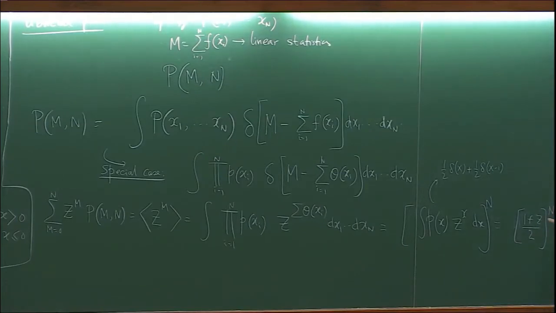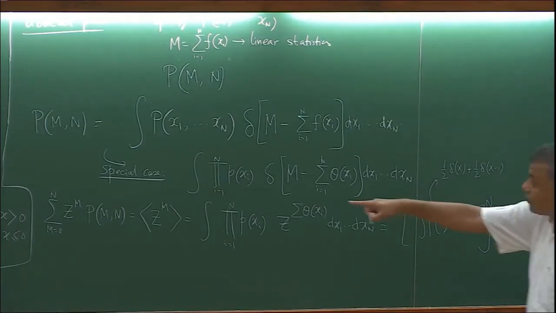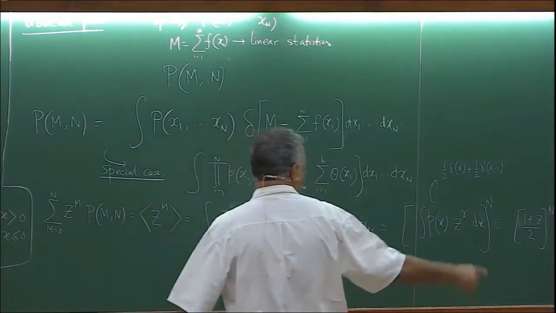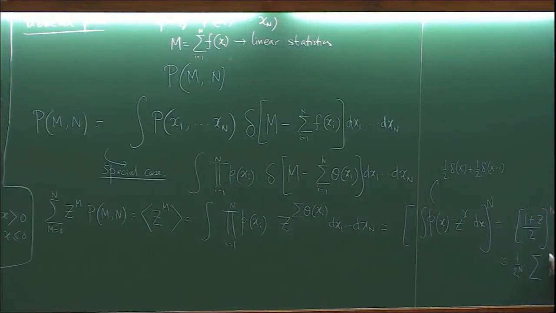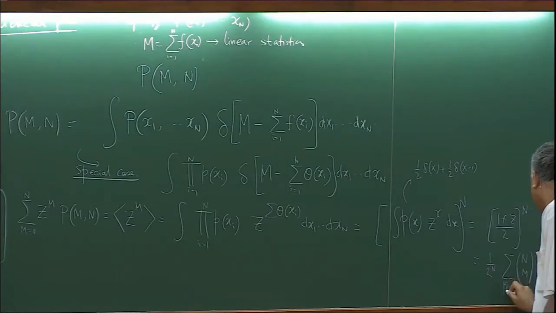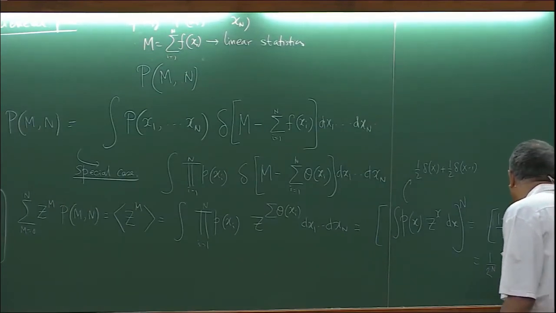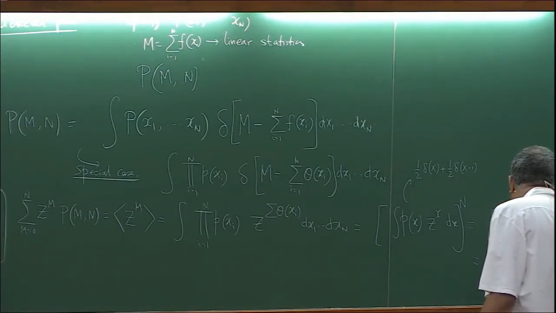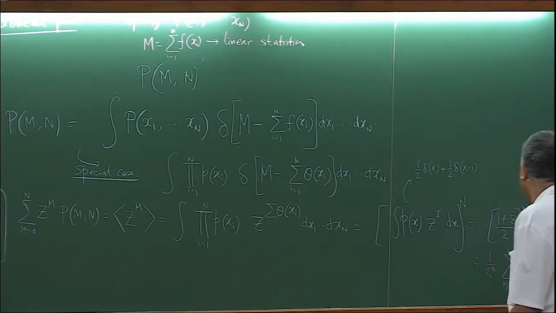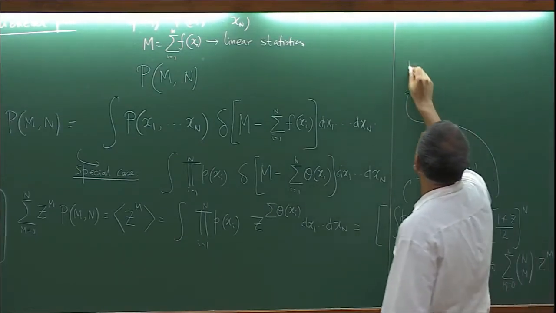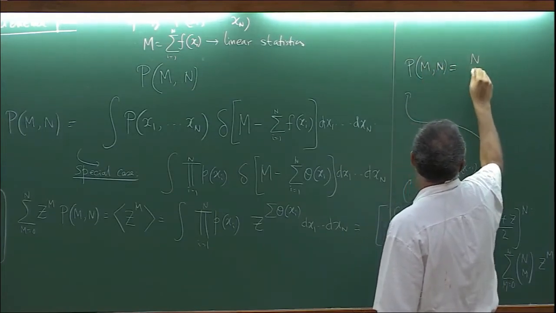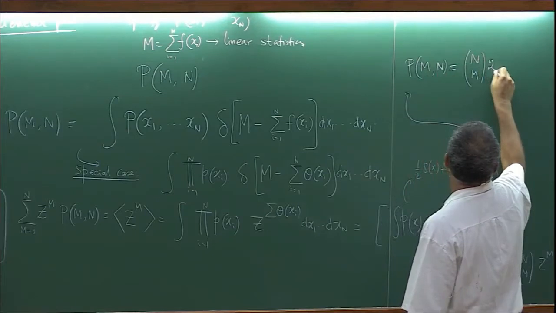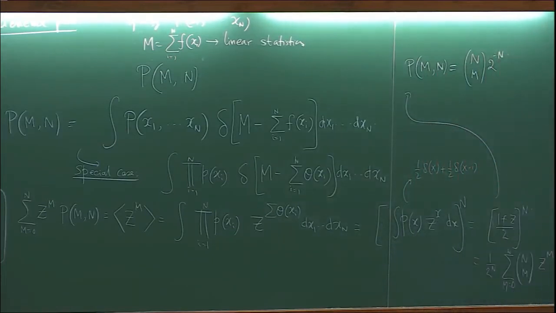So all I have to do is expand this in a power series in z and read off what is p of m, n. And when we expand this in a power series, this is just a binomial. And then we recover the result that we wrote combinatorially, namely the binomial distribution.